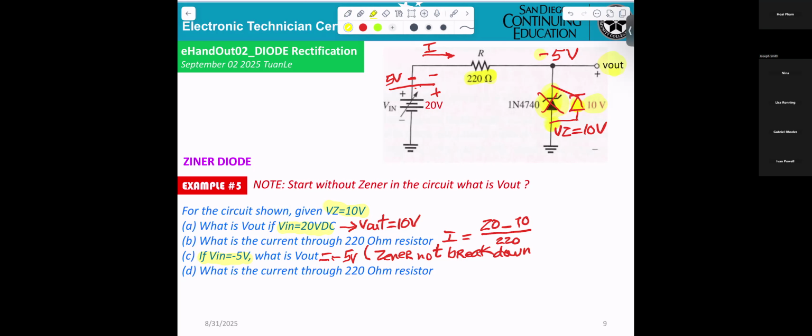Okay, what is the current through the 220 ohm resistor? If you get -5 here, then the diode will look like a normal diode. When the diode looks like normal, what is the voltage V out? 0.